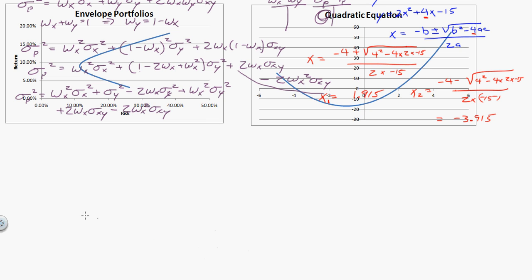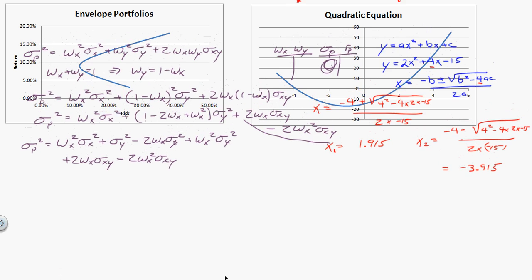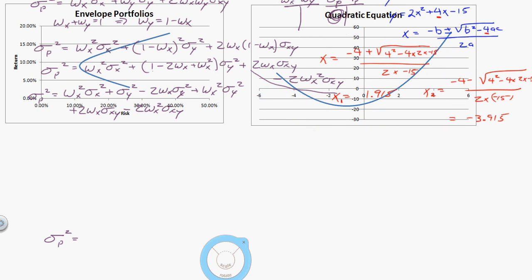And that's going to give me, I'm going to write it down here so I can drag something up in a minute. That's going to give me sigma p squared is equal to... Let me just erase this real quick. I need to have this where you can see it a little bit better.